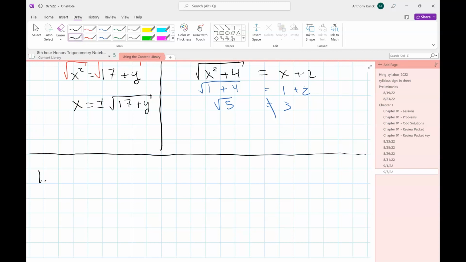Last time we had finished 1.7. Today we're going to do 1.8, or at least start 1.8.